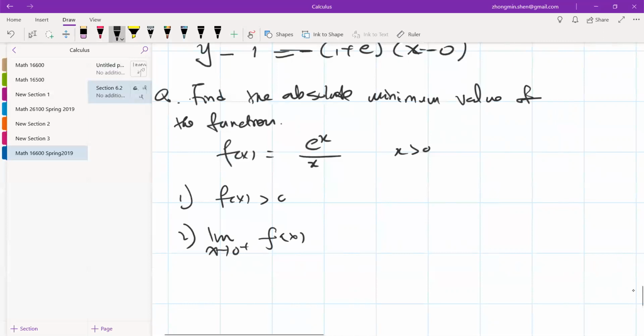The denominator approaches 0 from the positive side. So 1 over 0 should be infinity, and this is going to be positive infinity.